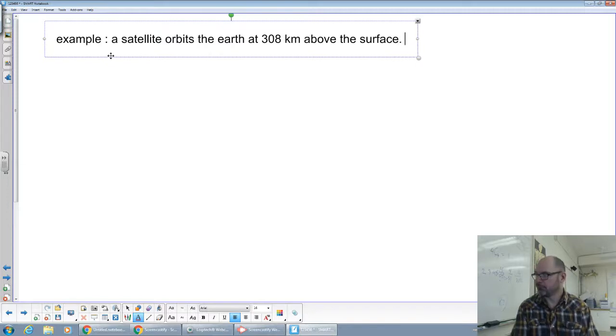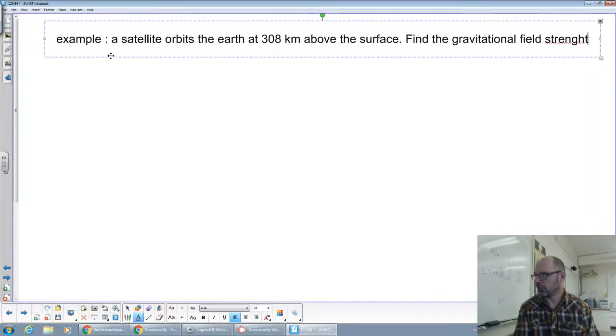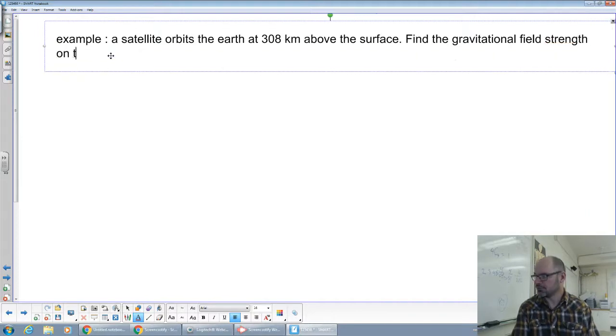Find the gravitational field on the satellite from the Earth.